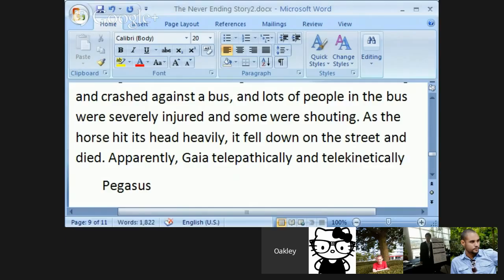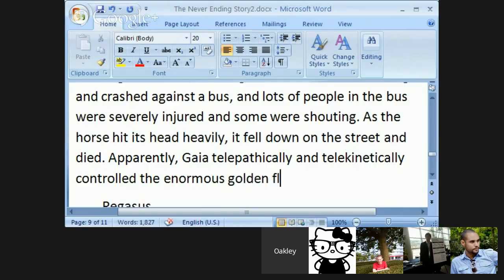Making it a challenge. Control the enormous golden flying horse. Okay, we need "the," Demas. Yes, the enormous golden flying horse to hit itself to the bus. Okay. Period.